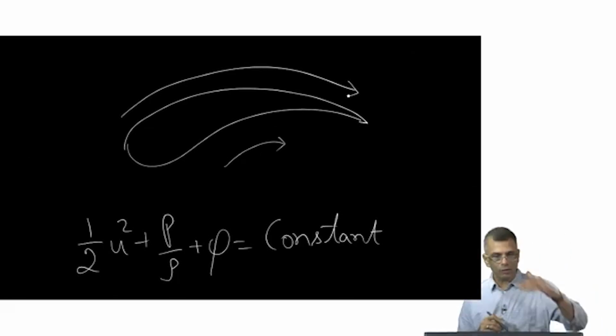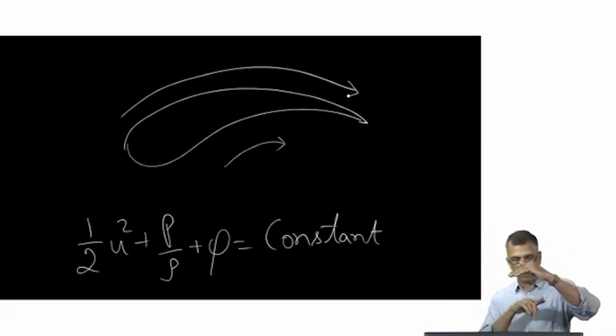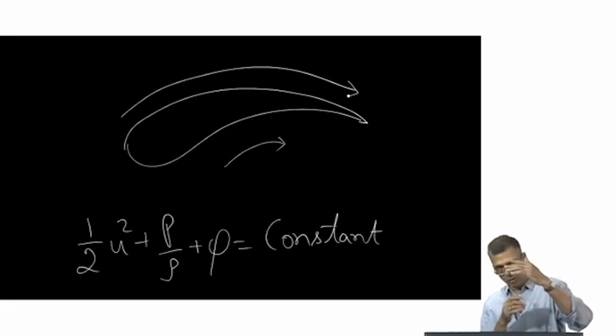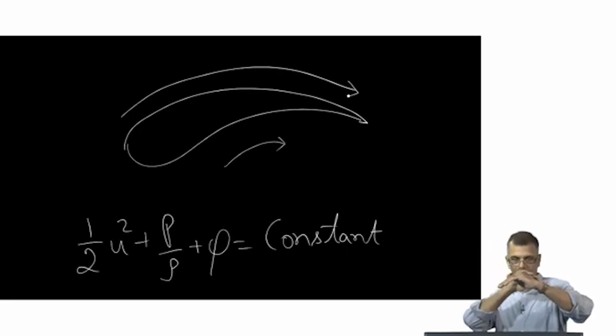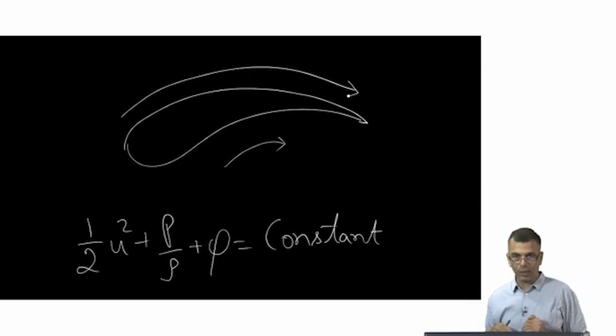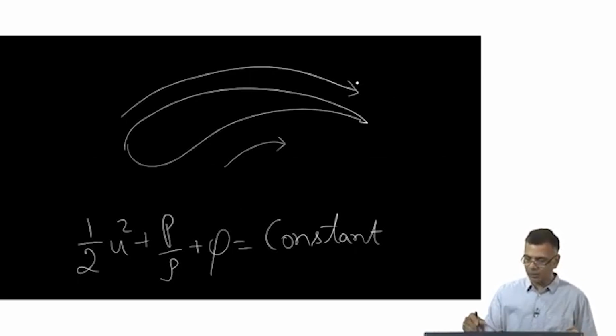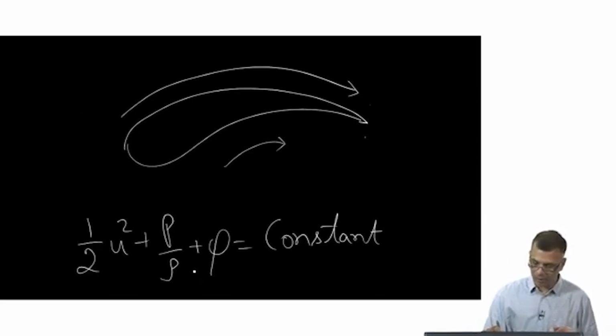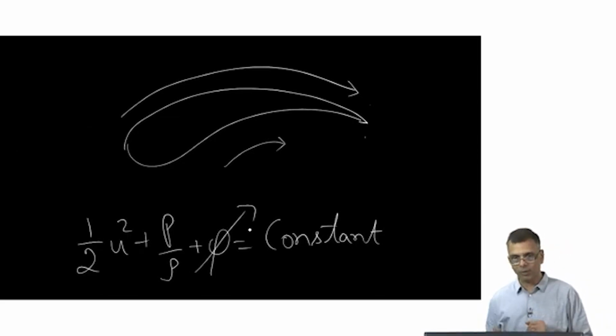You can intuitively think of it like the palm of your hand, and velocity and fluid flowing like this. You can intuitively understand that the curvature, the cusp is such that it slows down fluid at the bottom as opposed to the top. Okay. As a result, and the phi is pretty much the same, as in this is a very thin airfoil. There's no difference in phi between here and here. The gravitational potential is pretty much the same. So we can essentially throw this away. We don't have to worry about this.